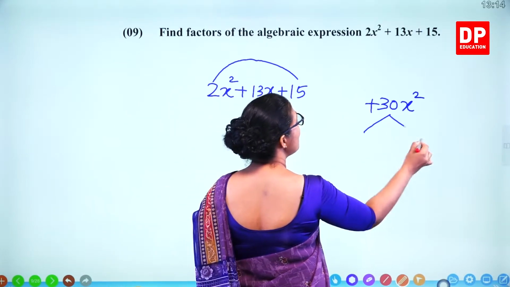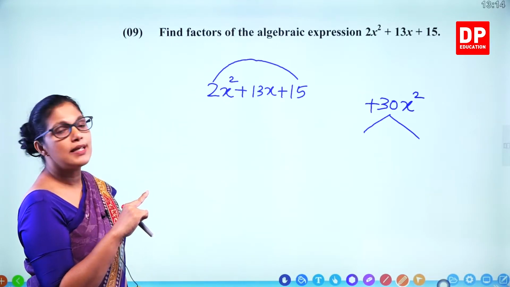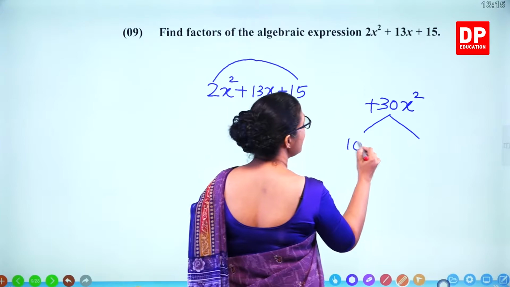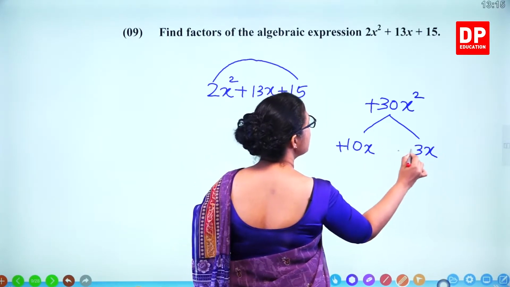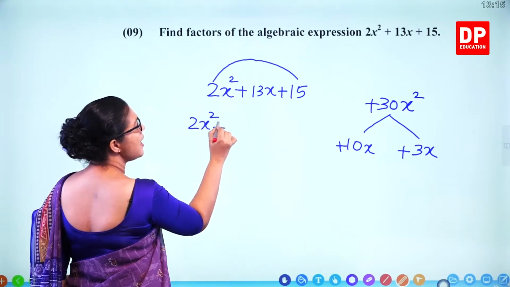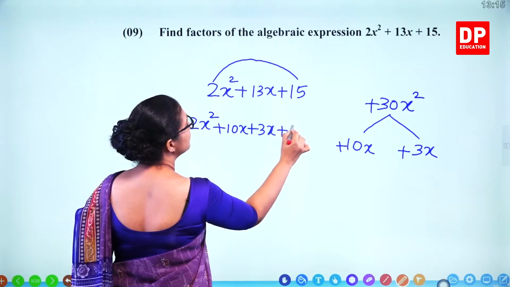So what are the factors that when you add them you get 13? 10 and 3. So 10x and 3x. So you are splitting the middle term 13x into 10x and 3x.